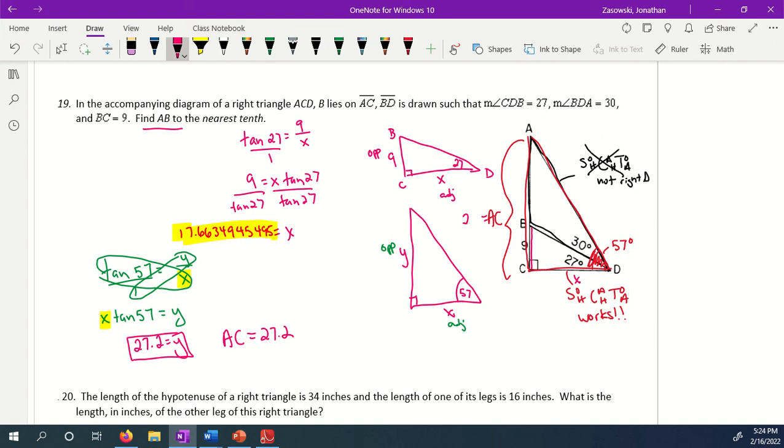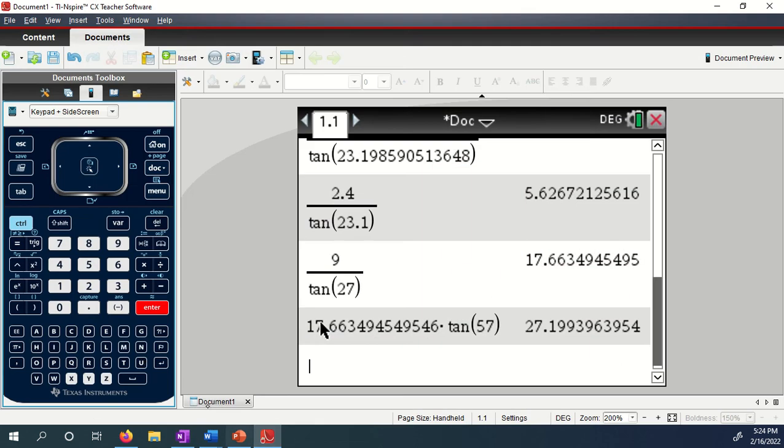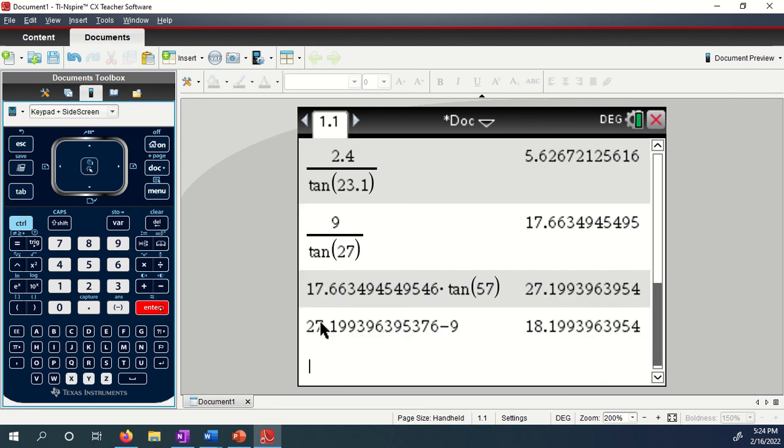So this is 27.2. Now, in order to get AB, we really need to take AC and subtract away BC. So AB is equal to 27.2 minus 9, and that means the length of AB is, well, if we want to be super accurate, we should probably do this.